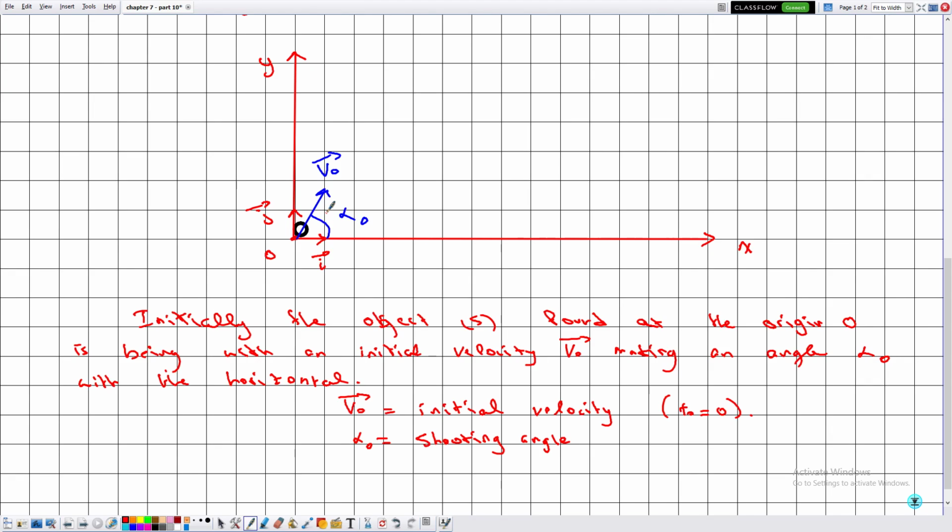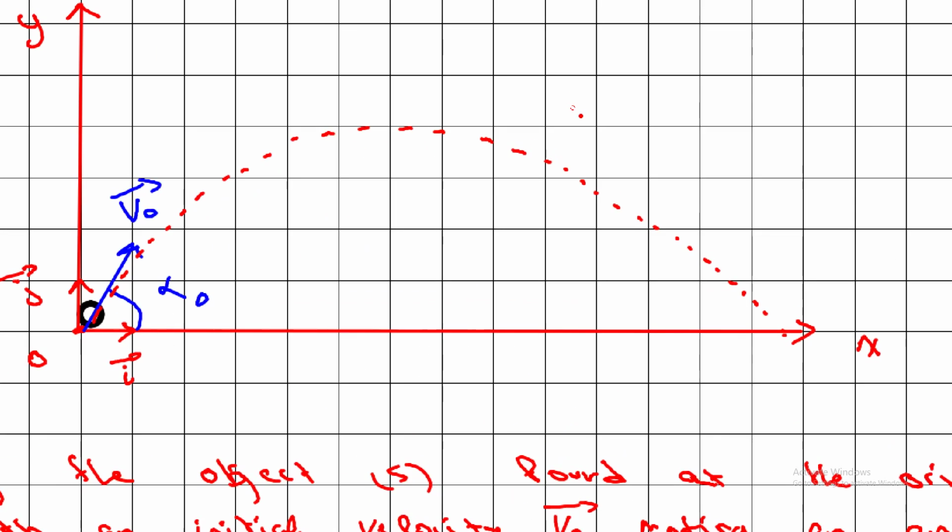Now as I said, the aim of this section is to determine the evolution of a system, so the trajectory of the ball, because now we are throwing the object like this, so the trajectory will be something like this. Let me do it properly. Okay, so what does this dotted line represent?